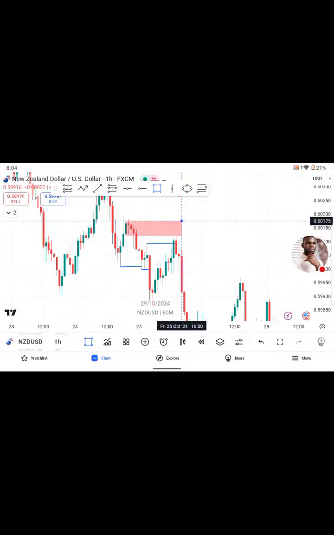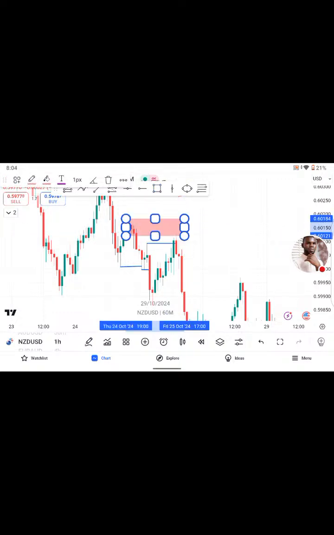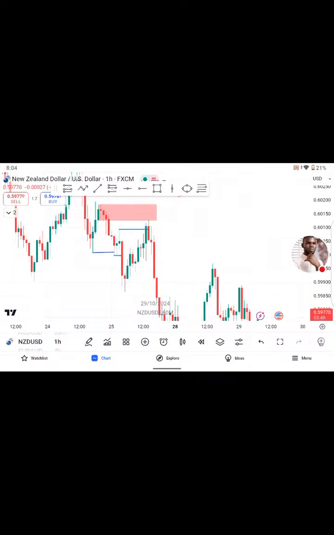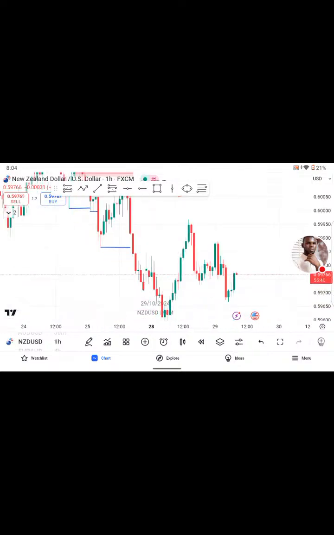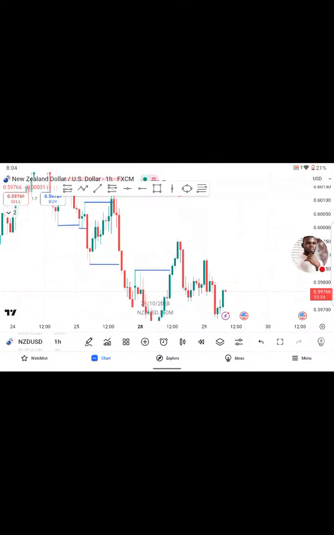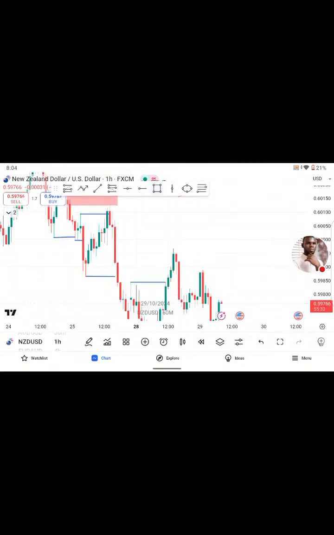mitigation. We have that mitigation, and we have this low two being taken out, and we have this high here which serves as an inducement. And as it is right now, price has not really gotten to the POI, which is here.